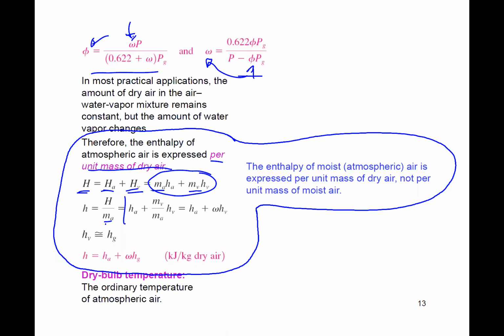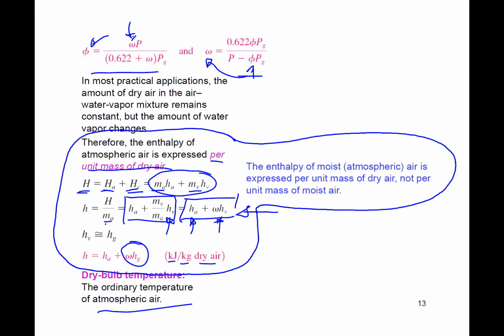You still have the part that has water vapor in it. So it simplifies to the enthalpy of the dry air and specific humidity times the enthalpy of the water vapor. Even though this is in units of kilojoules per kilogram of dry air, it still includes stuff with water vapor. It's just to make it easier in the conservation of energy equation, but it still has that part. That's the big thing to understand with the conservation of energy equation and enthalpy.